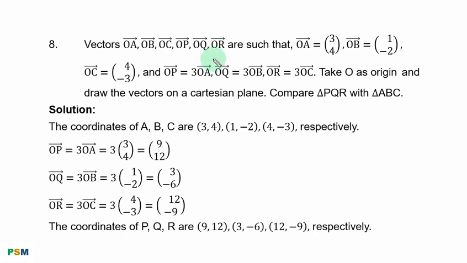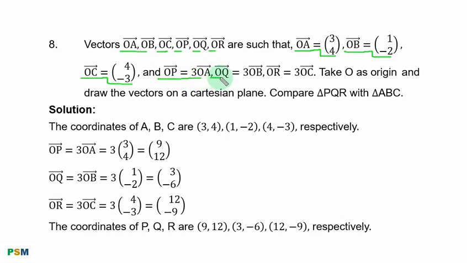Example 8. Vectors OA, OB, OC, OP, OQ, OR are such that vector OA is equal to this column matrix, vector OB equal to this column matrix, vector OC equal to this column matrix, and vector OP is equal to 3 times vector OA.